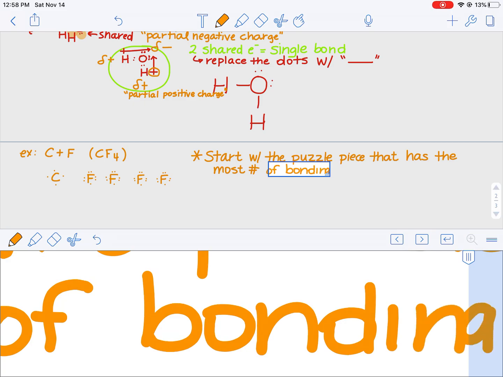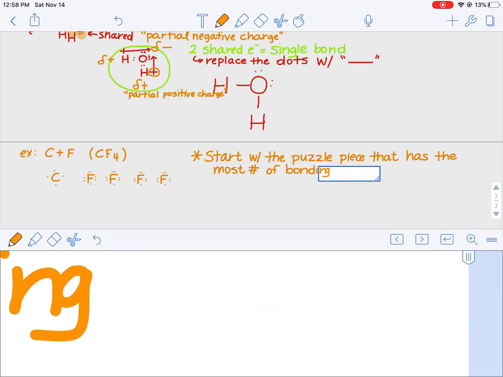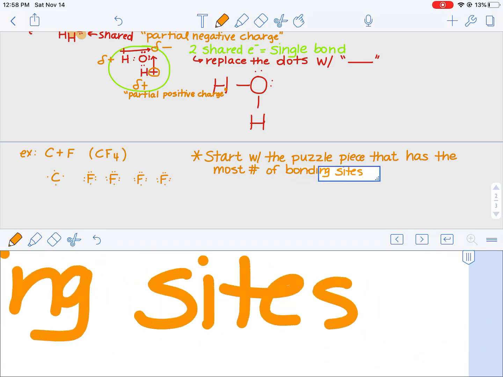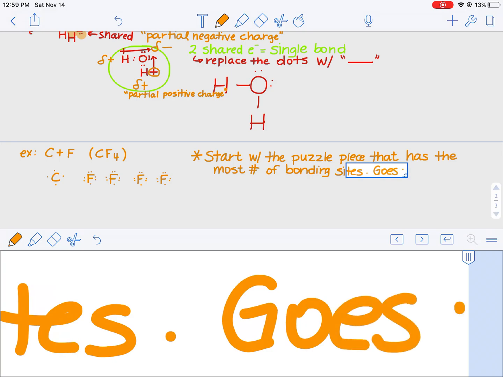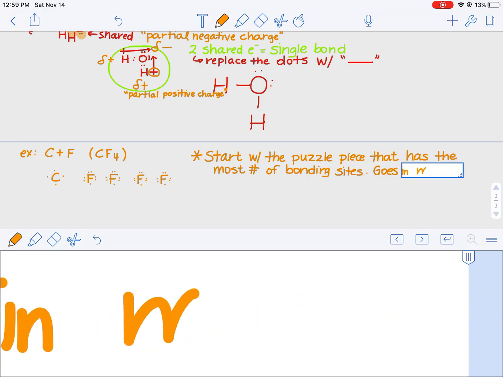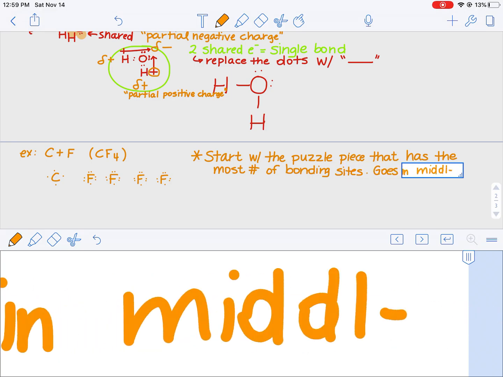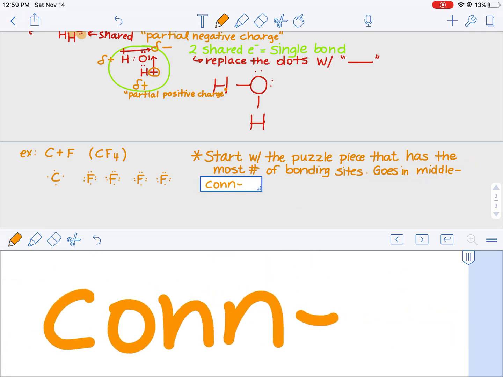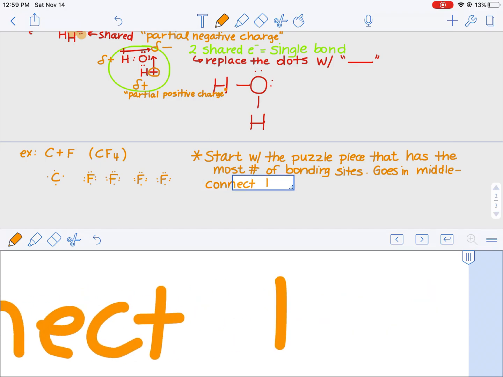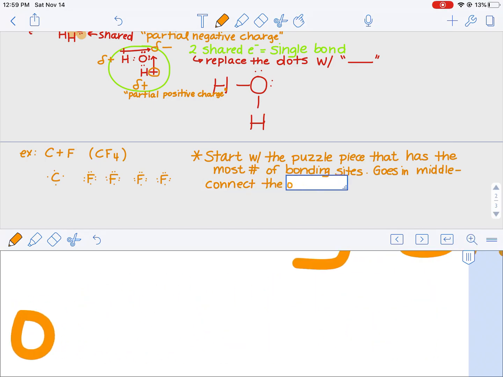One more time. We're going to start with the puzzle piece that has the most number of bonding sites. That's going to be the one that goes in the middle. In other words, that's the one that we're going to connect others to. We're going to connect the other pieces to it.